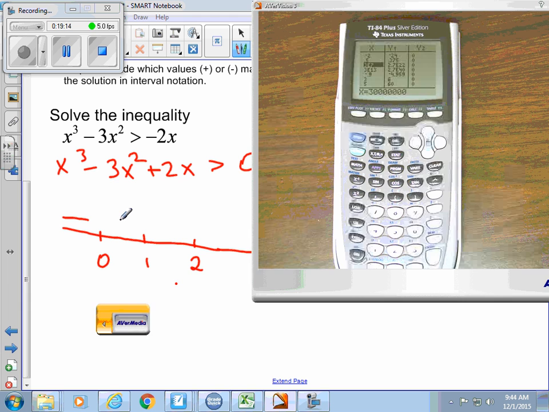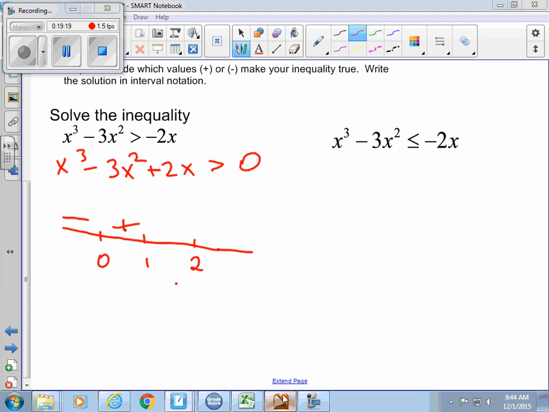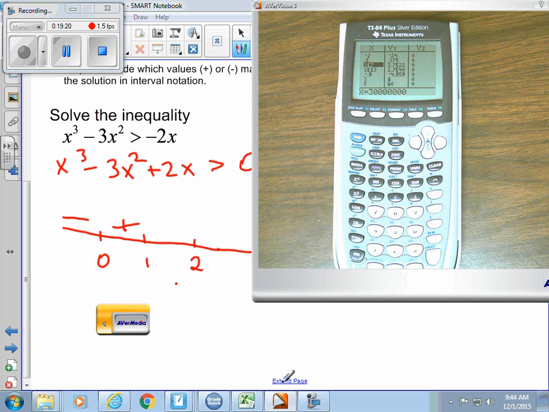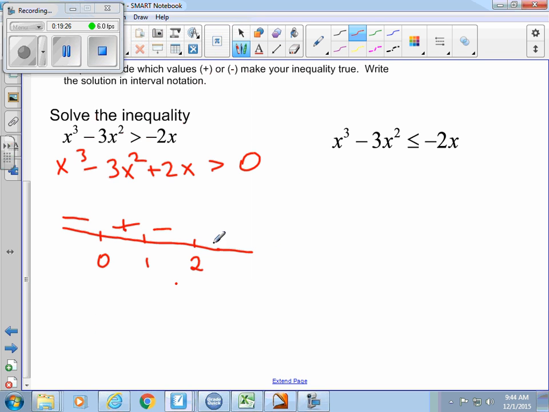So you tell me, between 1 and 2, am I positive or negative? And between, from 2 on. Okay. Now I want to solve this inequality. I want to know the x's when x is greater than 0. What kinds of numbers are greater than 0?